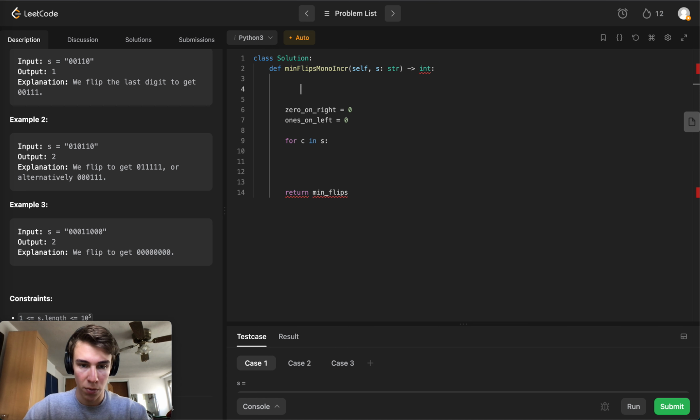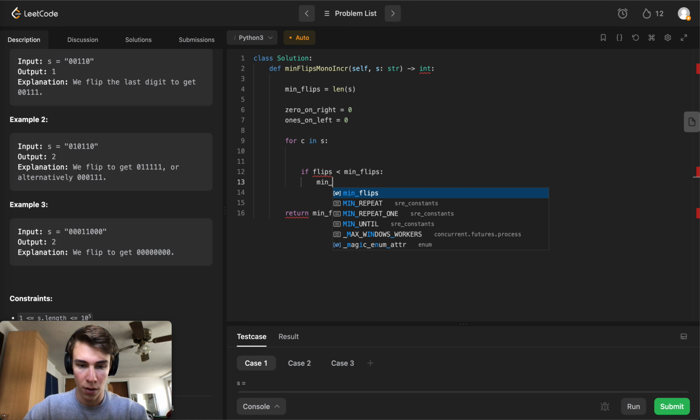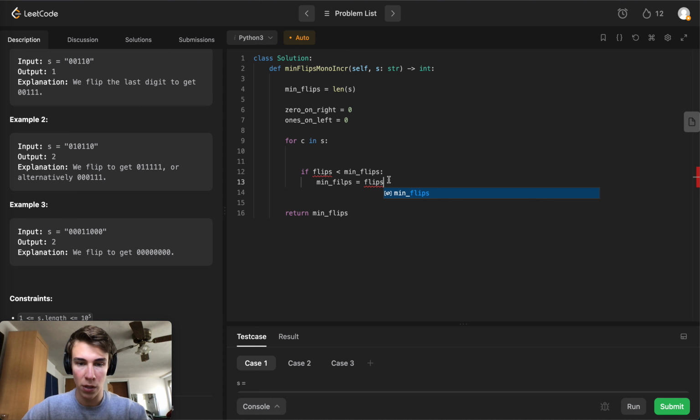Min flips is going to be initialized as the max length of s, and here we're going to say that if flips is less than min flips, and so on. You can see that even without solving the problem, I have a rough draft of what should be happening.